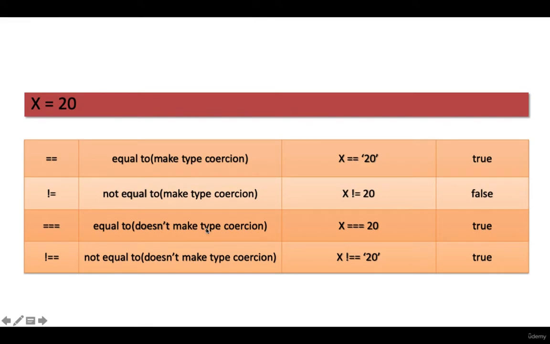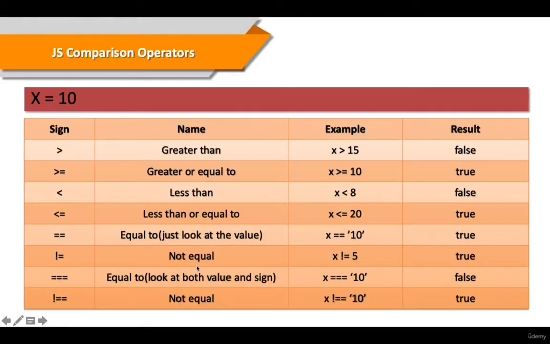The same goes for not equals as well. Let's start there. Double equals means that the number 10 is actually going to be equal to the string 10, because JavaScript doesn't care about type when we're using the double equals.